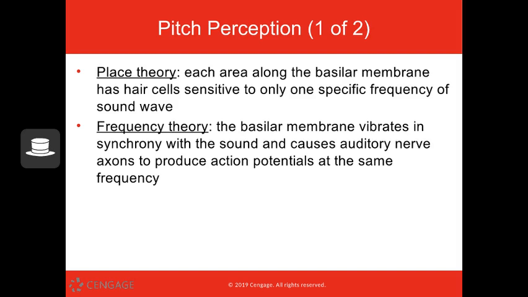There's also frequency theory, which is the idea that the basilar membrane vibrates in synchrony with the sound and causes those nerve axons to produce action potentials at the same frequency. So either we have hair cells that respond to specific frequencies, or the firing of the neurons at specific frequencies triggers us to later perceive those frequencies because they were firing that way.